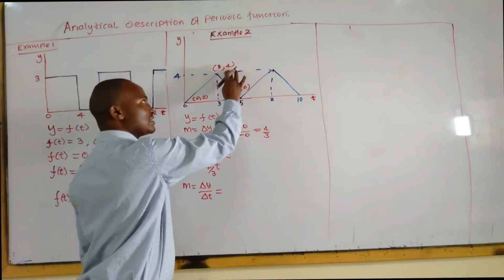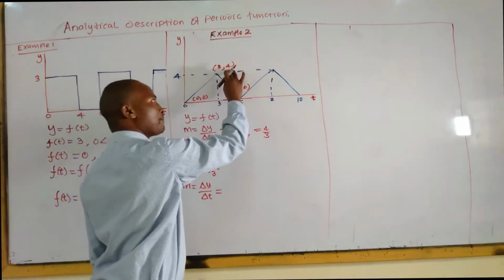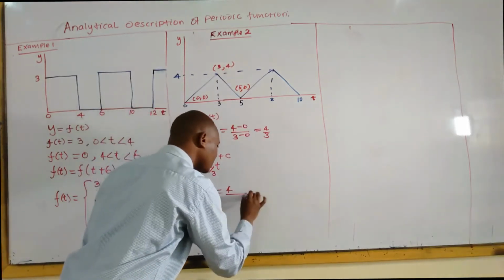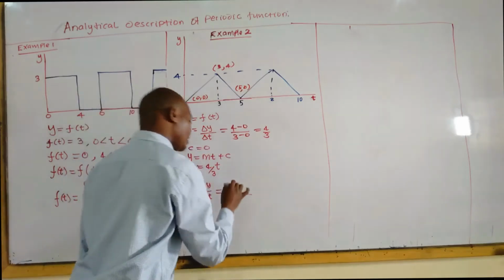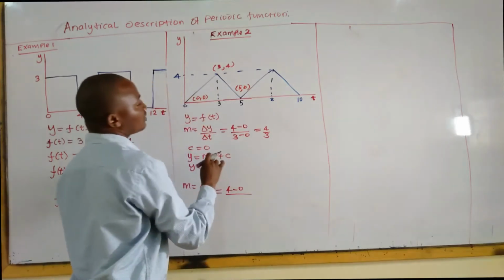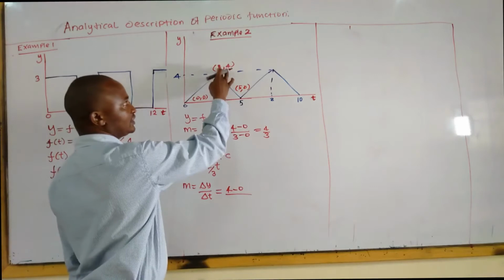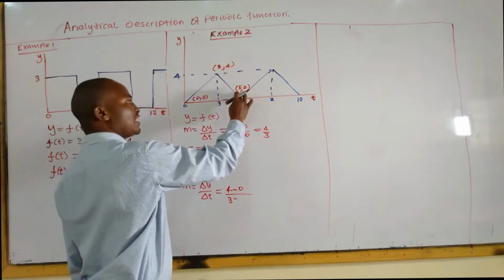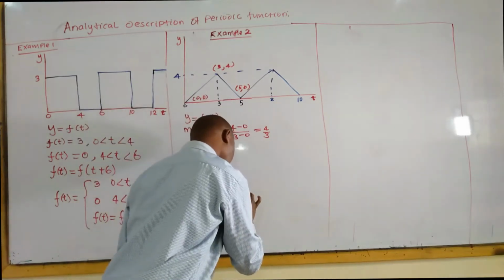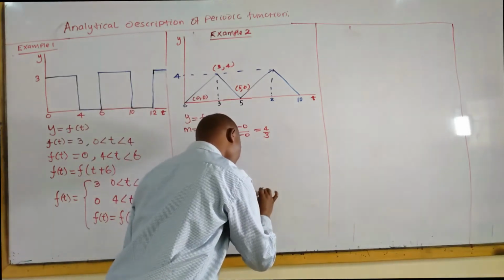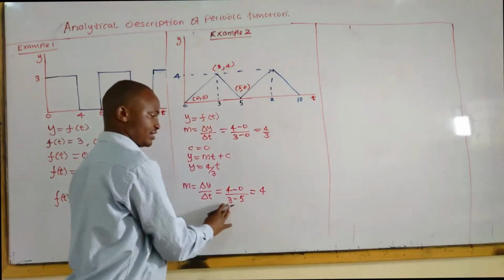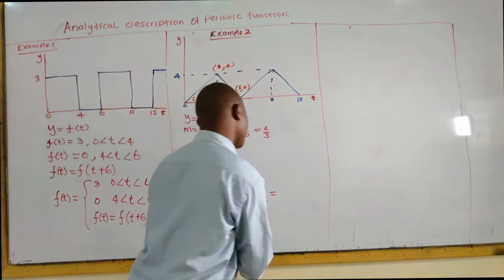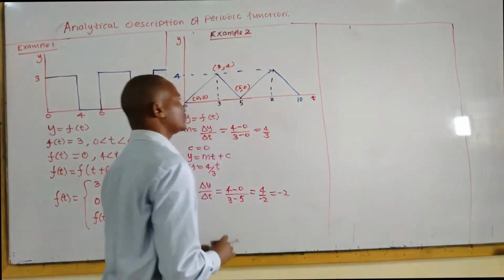Take this as our first point. The value of y is 4 minus 0, over here the value of t is 3, here the value of t is 5, which gives us 4, 3 minus 5 is negative 2, which gives us a gradient of negative 2.